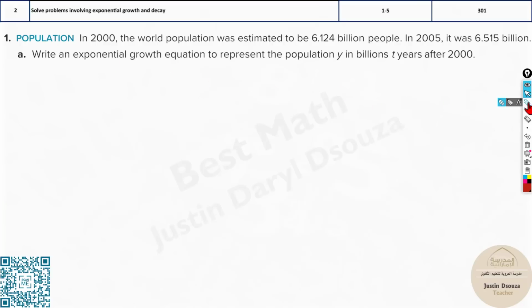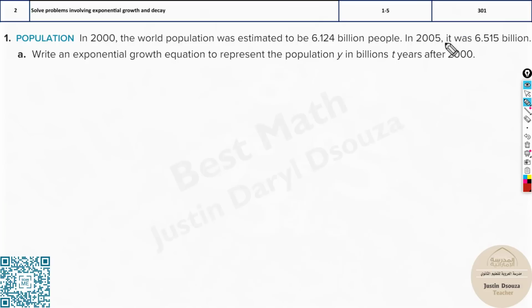Write an exponential growth equation to represent the population y in billions, t years after 2000. Now, what basically they want is the population growth. As you can see here, it was 6.124 in 2000, and it grew to 6.515 billion in 2005. And all the time we consider must be after 2000.